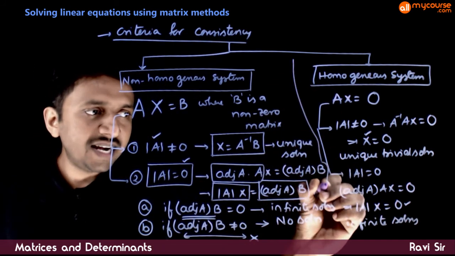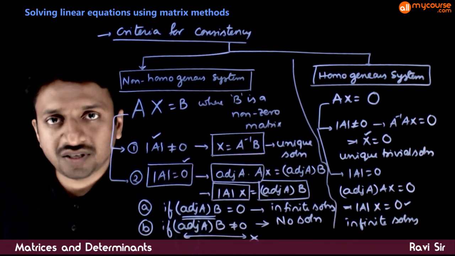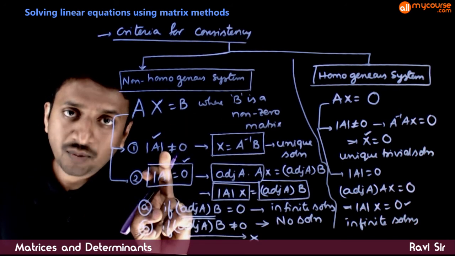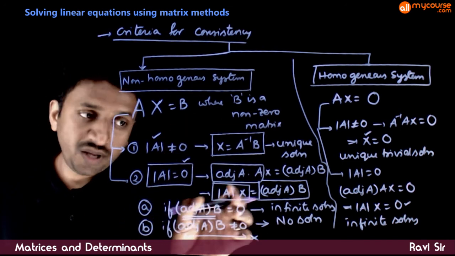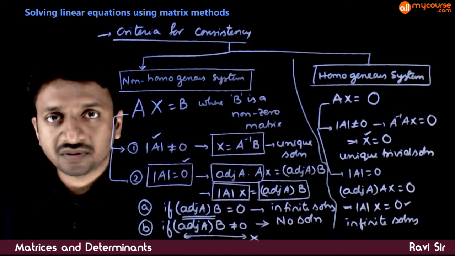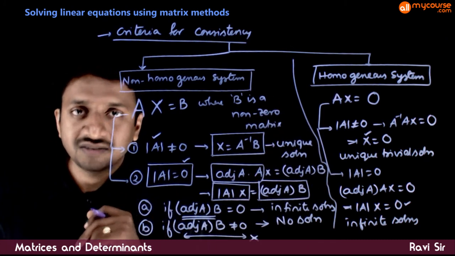So I hope you understand the cases for non-homogeneous and homogeneous systems. Det A not equal to 0, unique solution. When det A equal to 0, adjoint of A into B equal to 0, infinite solutions. Not equal to 0, no solution. And for homogeneous equations, the no solution case does not arise.